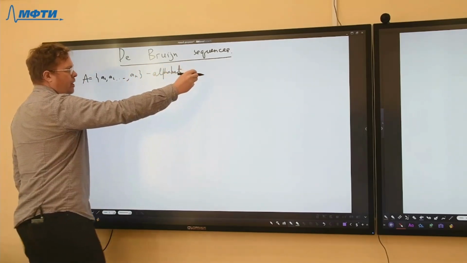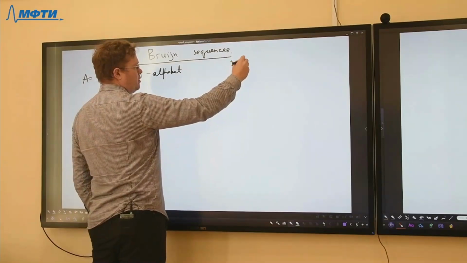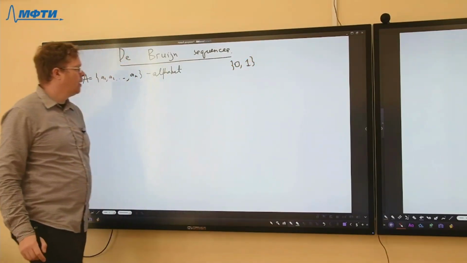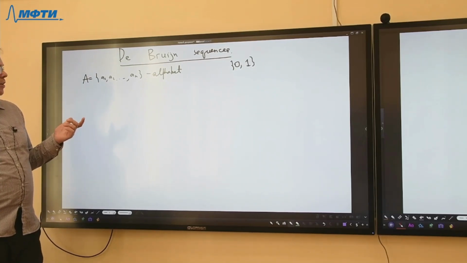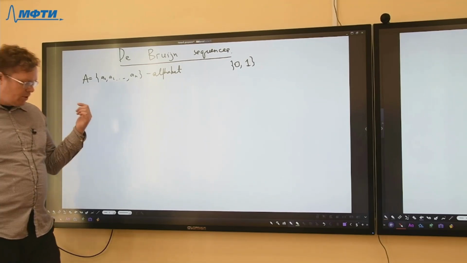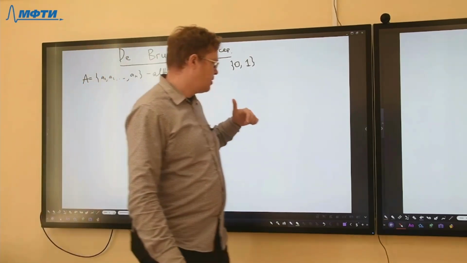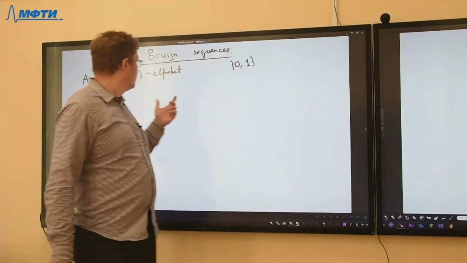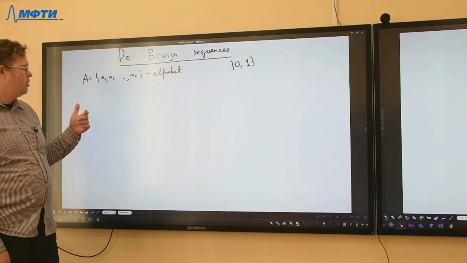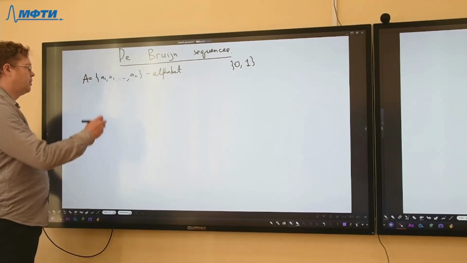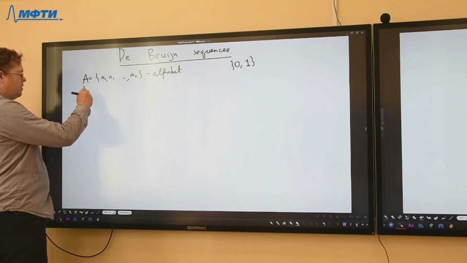For example, we have just 0 and 1. And we want to write a sequence which contains all keywords as subwords, all different words from this alphabet, and each word should appear only once. So we fix a natural number k.